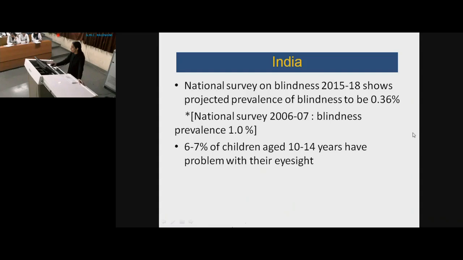So you can see that we are seeing a reducing trend. 6 to 7% of children 10 to 14 years have problems with their eyesight. And what is the most common eyesight problem in this age group? Refractive error, right? That can be myopia, hypermetropia, but it is refractive error.